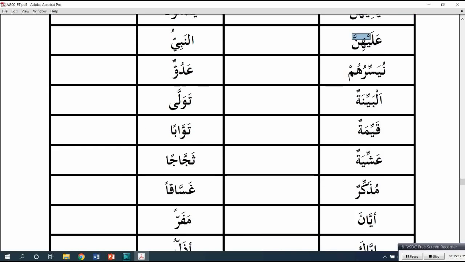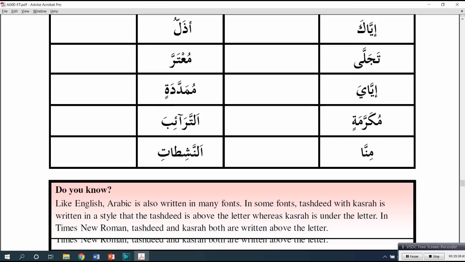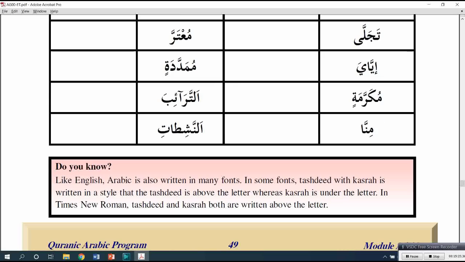Also some information for you: like English, Arabic is also written in many fonts. In some fonts, Tashdeed with Kasara is written in a style where the Tashdeed is above the letter, whereas the Kasara is under the letter. In Times New Roman, Tashdeed and Kasara are both written above the letter. So you can see here the Kasara is under and the Fath is above, like this.